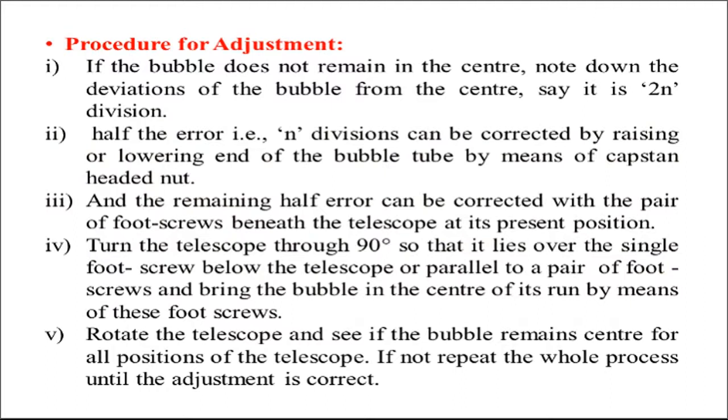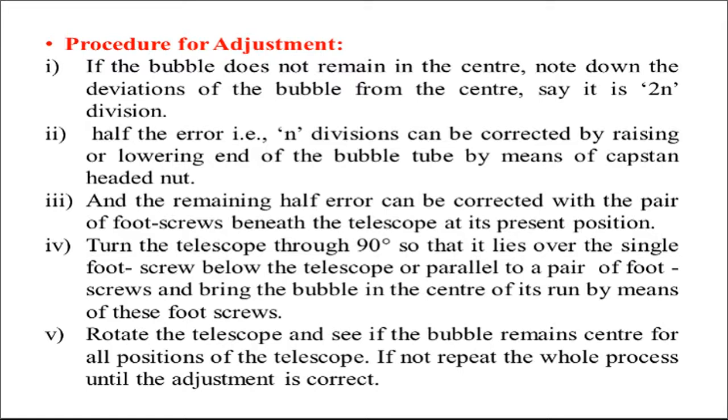Procedure for adjustment. If the bubble does not remain in the center, we have to note down by how many divisions the bubble is away from the central position, say n divisions. Second step, correct half the error. The total error is 2n, so half, that is n divisions, can be corrected by raising or lowering the bubble tube by means of the capstan-headed nut.